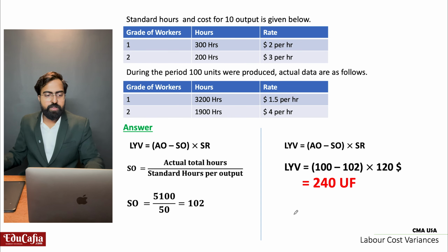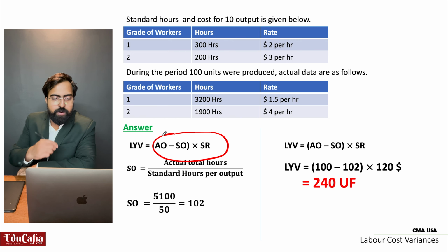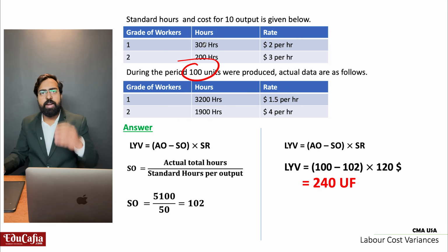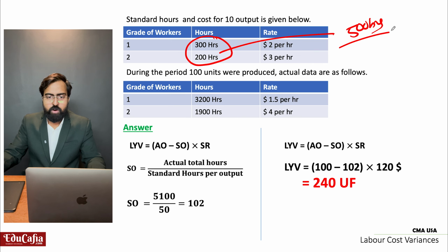Okay, so this is the first equation. Second equation: actual output minus standard output into SR, standard rate. What is my actual output? Actual output is 100 units. What is my standard output? For making 10 outputs, I required 300 plus 200, 500 hours, so 50 hours for one output.